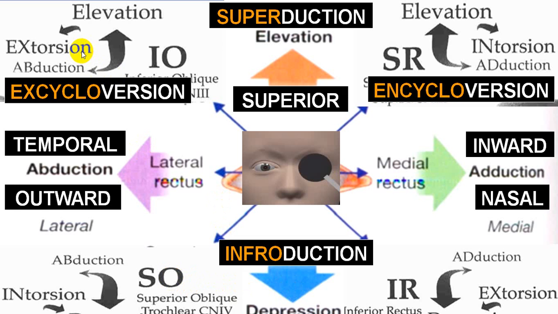Extorsion will be done by inferior oblique and inferior rectus, while intorsion will be done by superior oblique and superior rectus. So these are the permutation combinations of different eyeball movements and terminology which are being utilized, and we have mentioned the action of muscles.